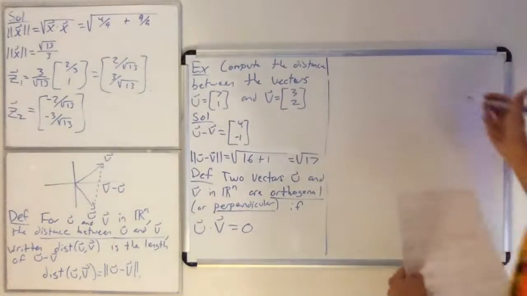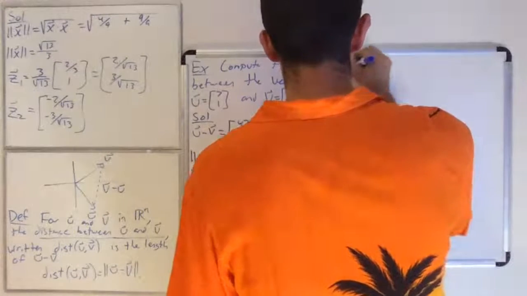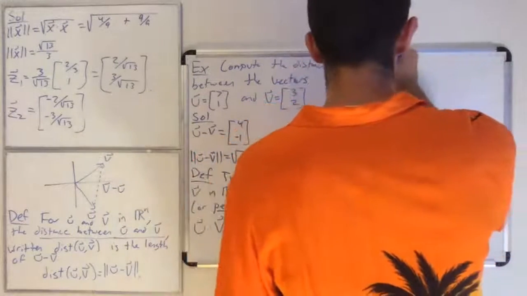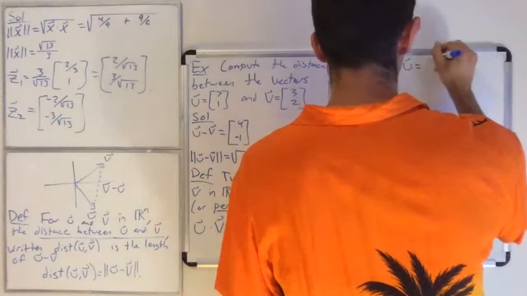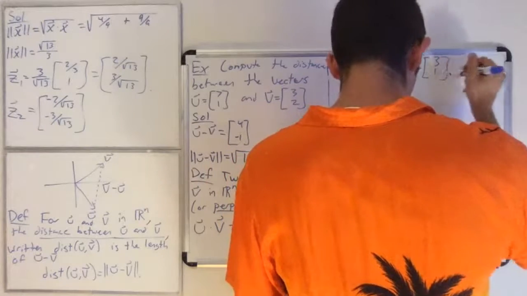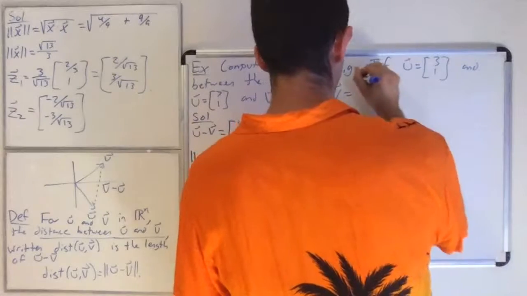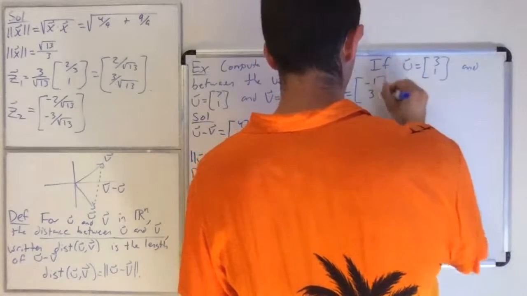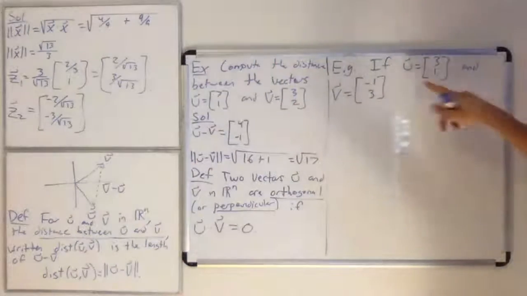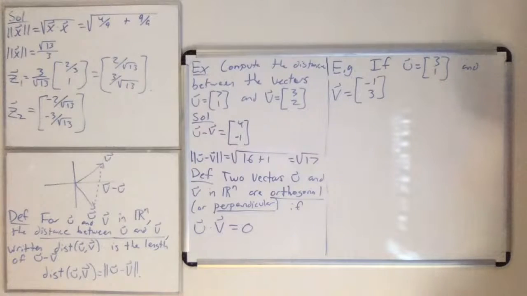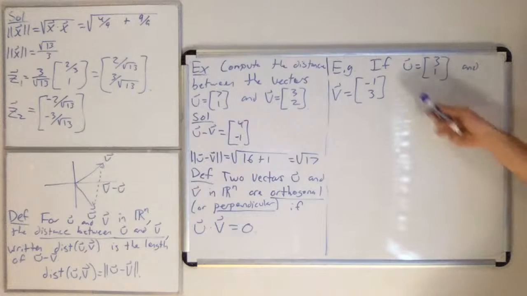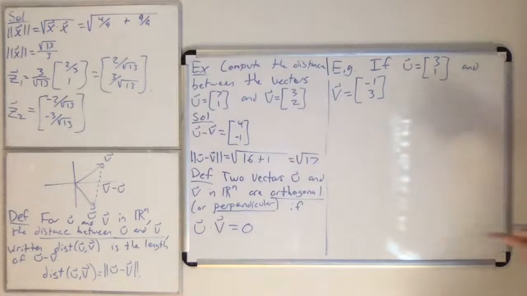All right, so for example, if u is the vector (3, 1) and v is the vector (-1, 3), it's not hard to show that their dot product is 0.